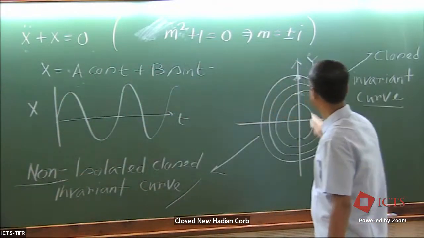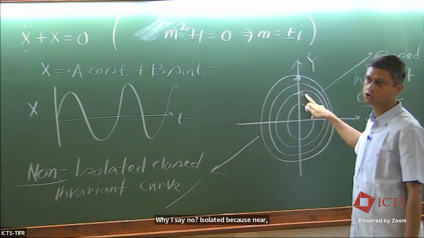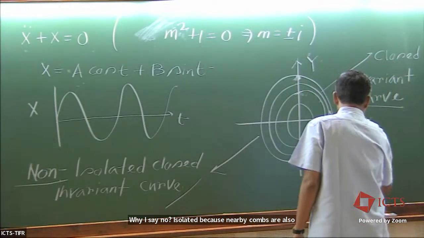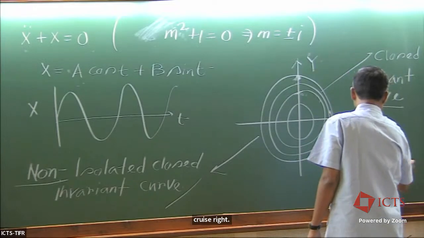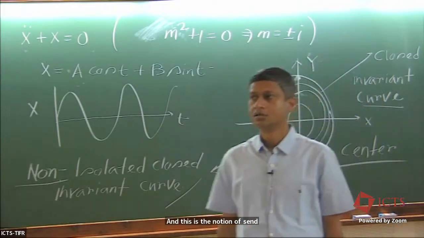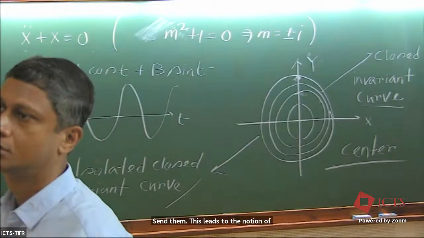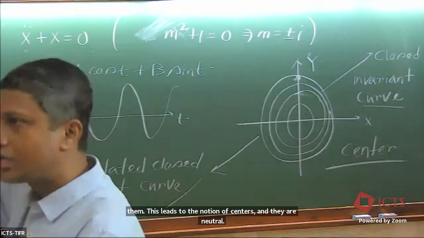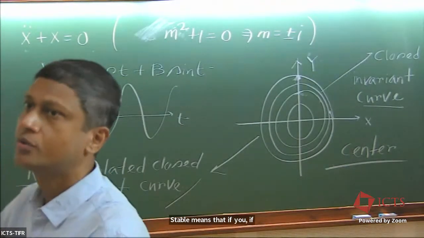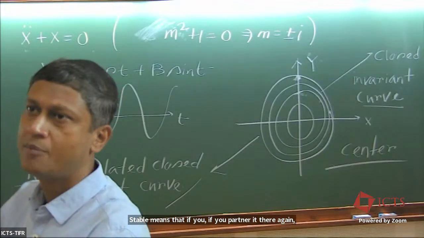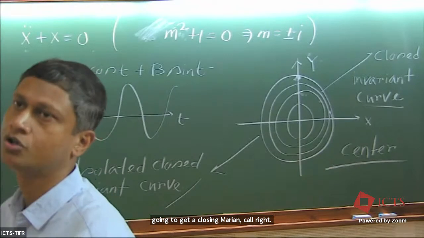Because nearby curves are also closed, right? And this is the notion of center. This leads to the notion of centers, and they are neutrally stable. Means that if you perturb it, you are again going to get a closed invariant curve, right? There is no question of coming back to that point or not.